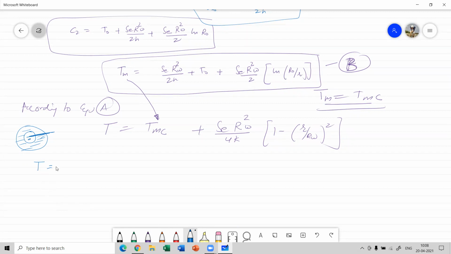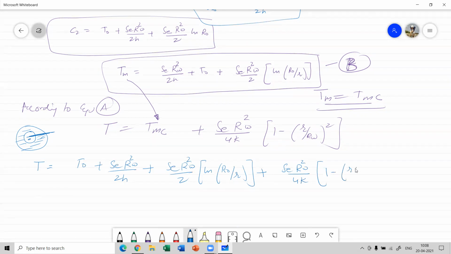That will be T is equal to T naught plus SE R square W by 2H plus SE R square W by 2 into ln R naught by R plus SE R square W by 4K into 1 minus R by RW whole square.